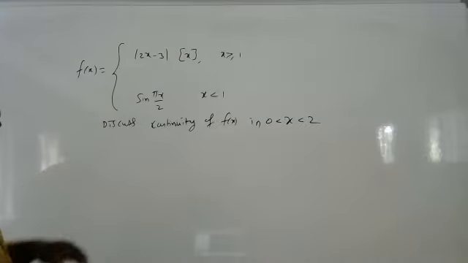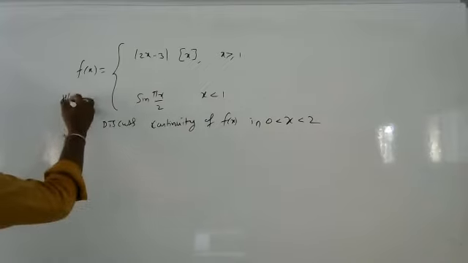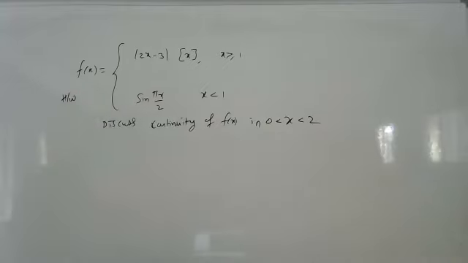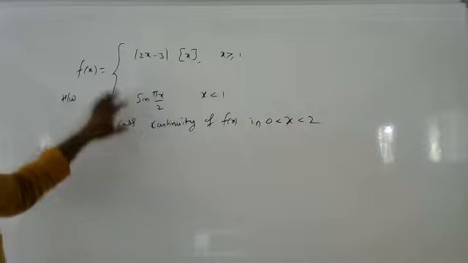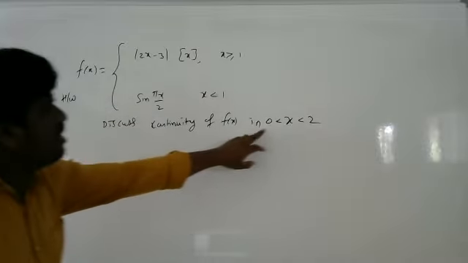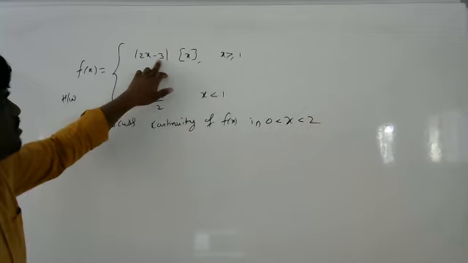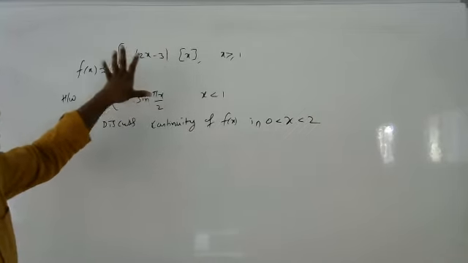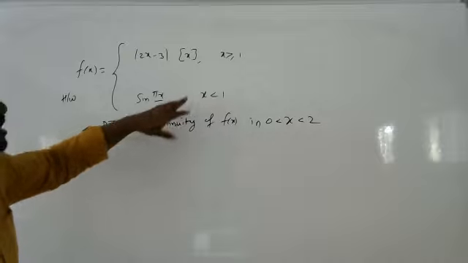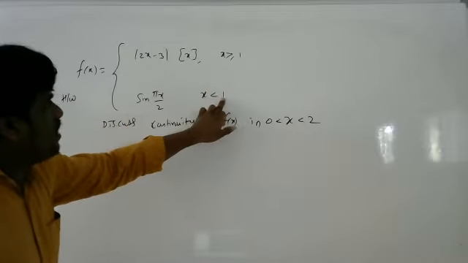And this question you can do as homework. You have to discuss the points of discontinuity, at which points this function is going to be discontinuous in the interval 0 to 2. Means if I keep x equal to what values, I am going to get discontinuous. So mainly 1 is there.